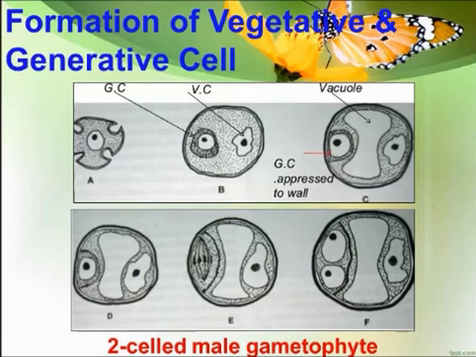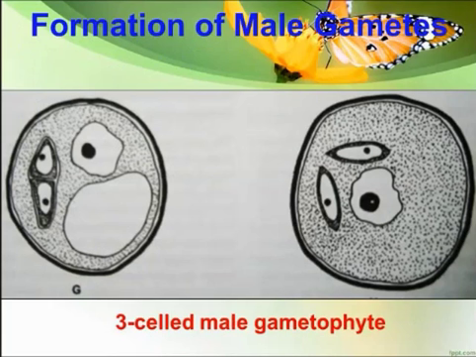This represents the two-celled male gametophyte. Now here in figure G, you can see two sperm cells formed by the generative cell. The two sperm cells are still attached to each other but free from the pollen wall.